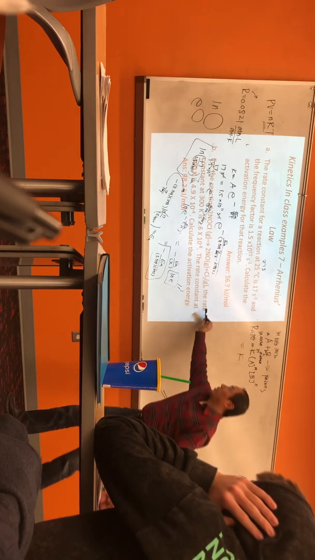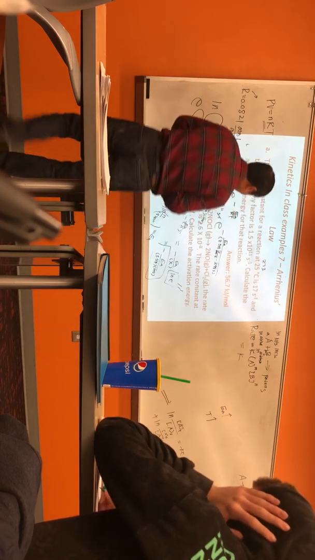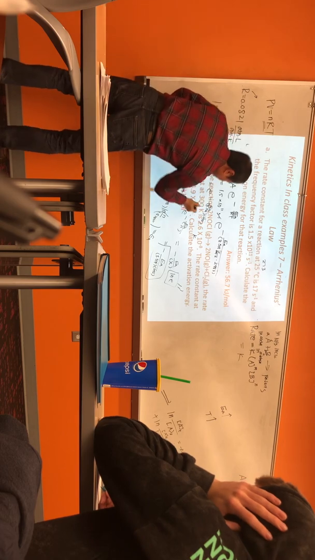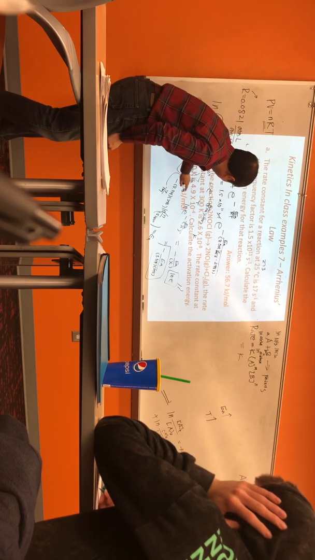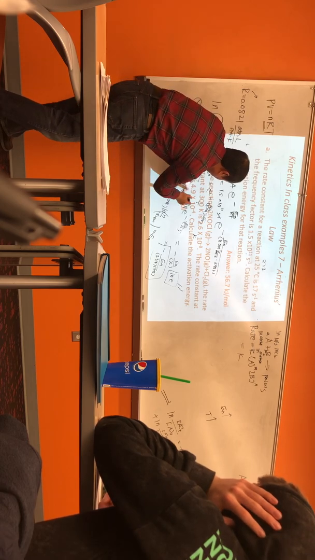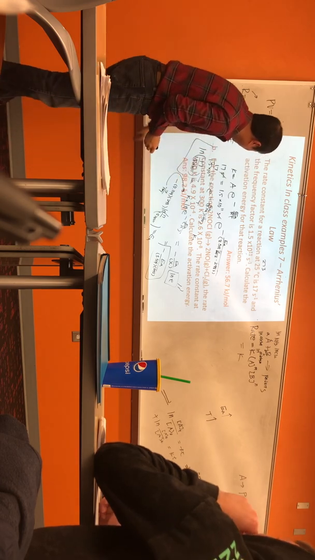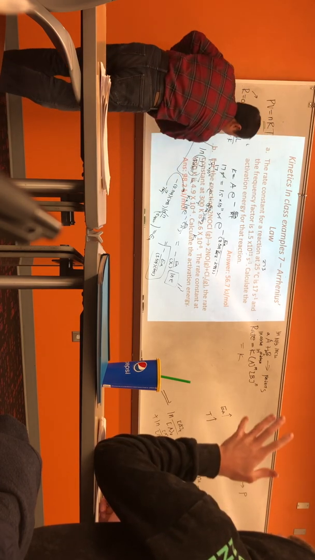For the second problem, if you look here, there's a rate constant, and there's a temperature. For this reaction, there's another rate constant. So I'm going to call the first one k1 and the second k2. And there's another temperature here.